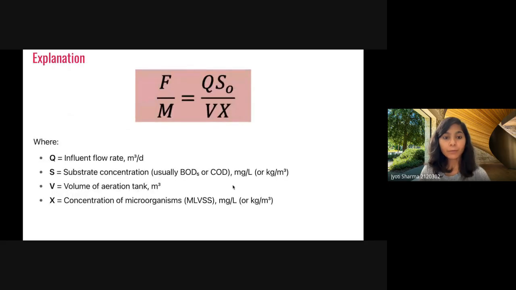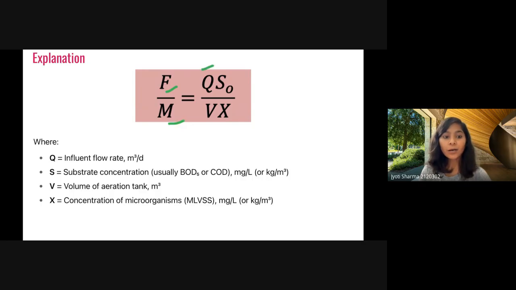Let me show you first. You have to understand the formula for F and M: F/M = Q S0 / V X. F is food and M is microorganism.